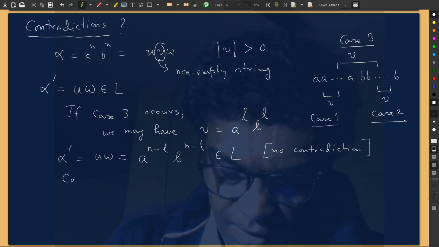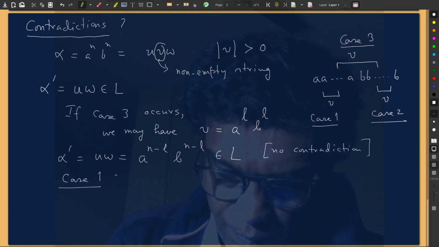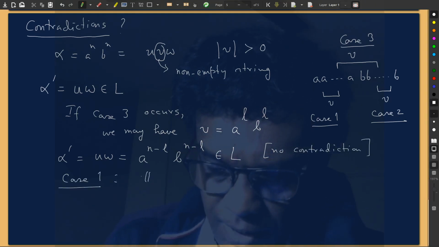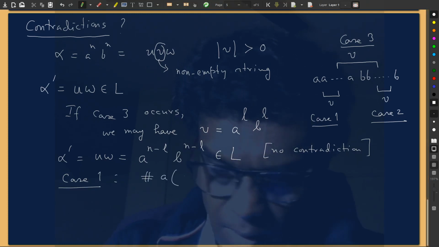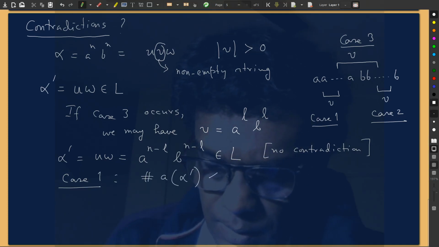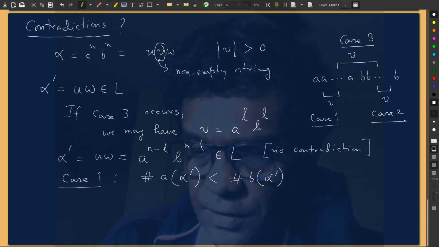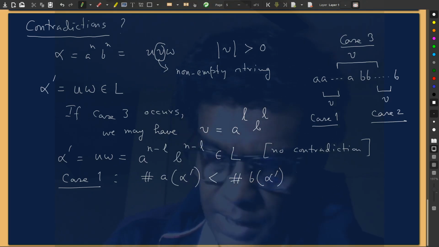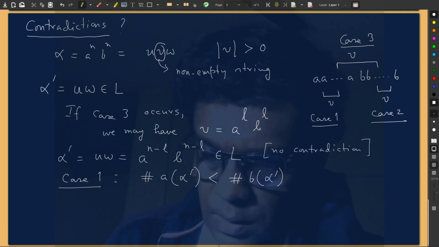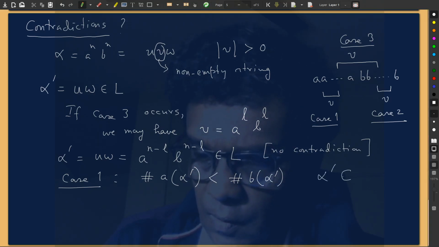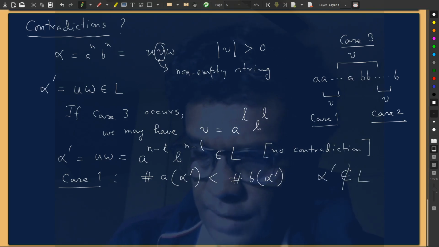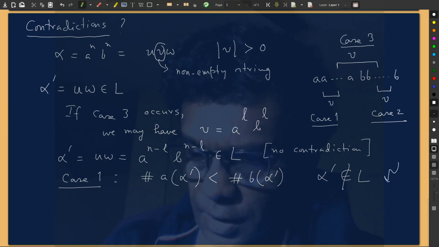However, if we are in case 1, number of A's in alpha prime is less than number of B's in alpha prime, because you are removing some A's from the block of A's without affecting the block of B's, and still you claim that this alpha prime is in L, whereas certainly it is not in L. So this is a contradiction.